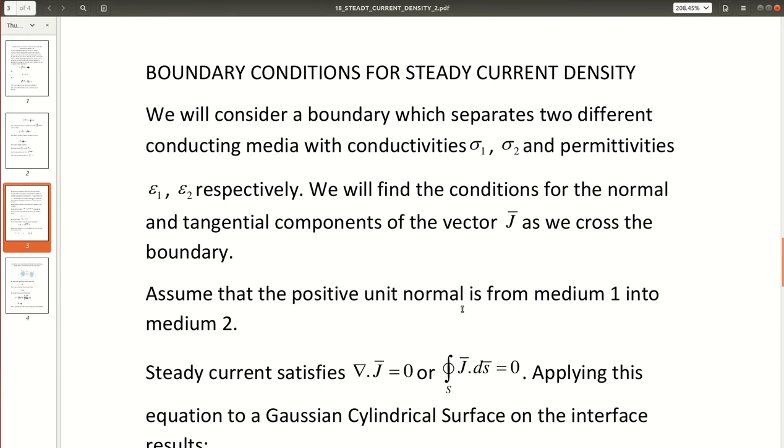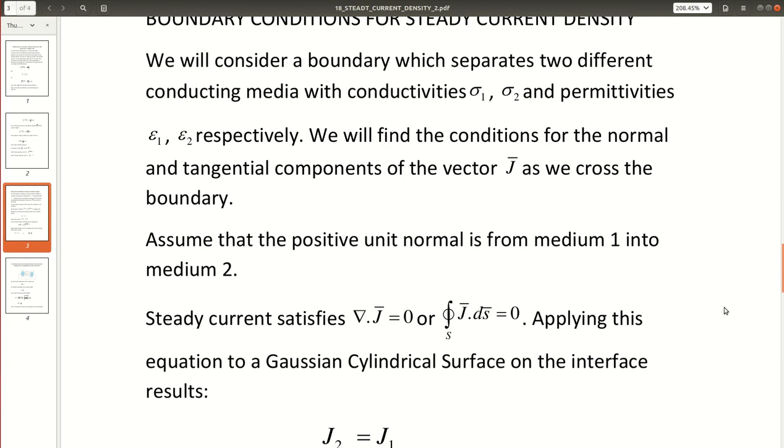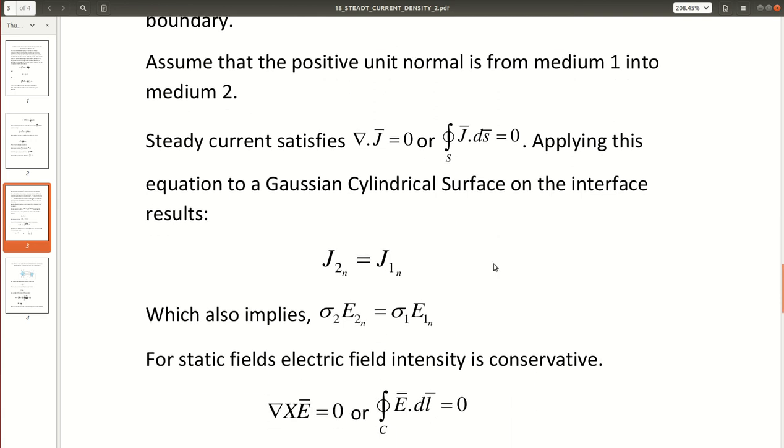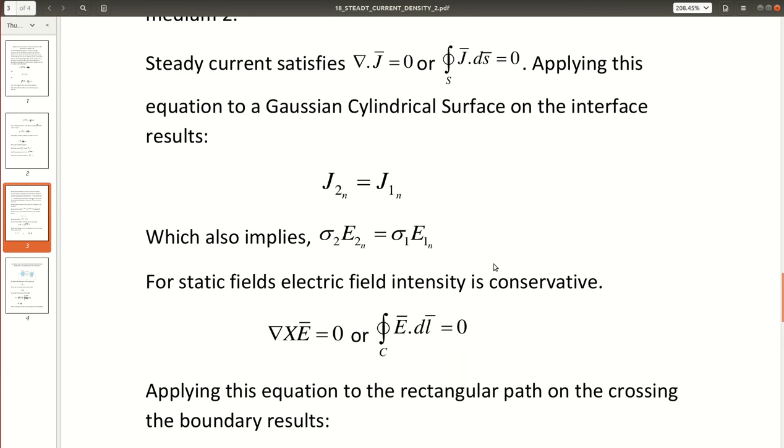Now let's see the boundary conditions for the steady current. We have a boundary of two materials with two conductivities and two permittivities, rho 1 and rho 2, epsilon 1 and epsilon 2. Assume the positive unit normal is from medium 1 to medium 2, and apply the equation to a Gaussian cylindrical surface.